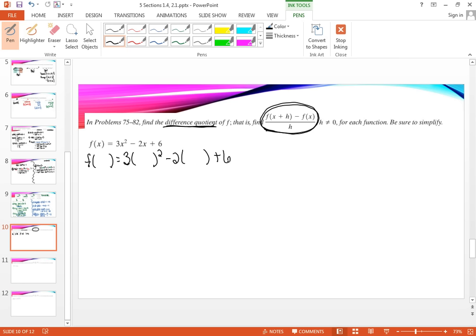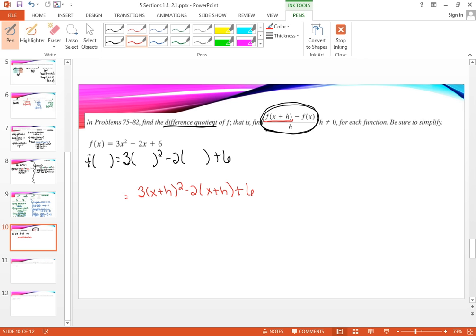Okay. So I'm going to start, and I'm going to do this part first, the f of x plus h. So everywhere there was an x, I'm going to write an x plus h. So I'm going to have 3 times x plus h quantity squared minus 2 times x plus h plus 6.